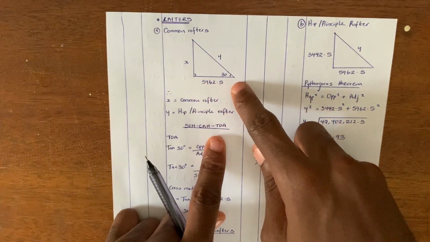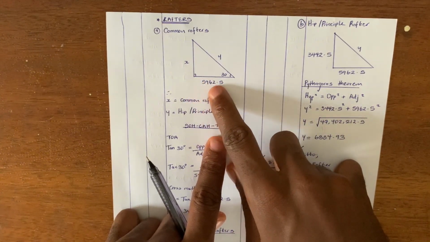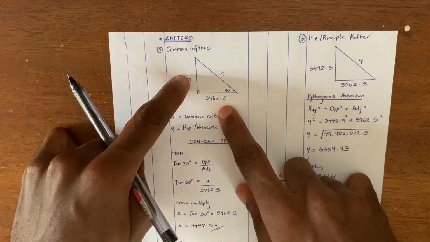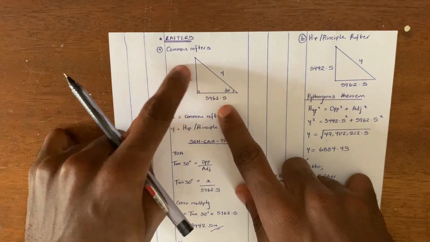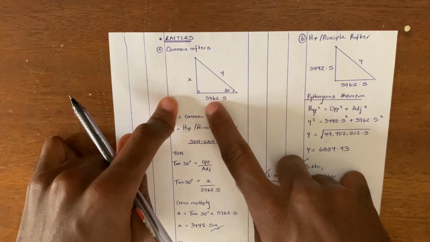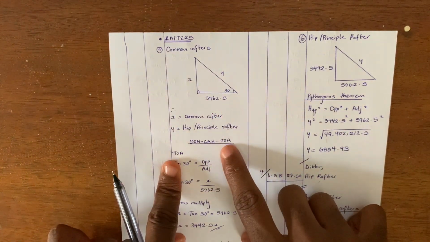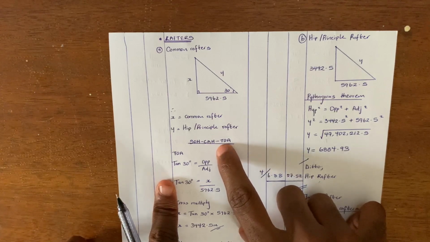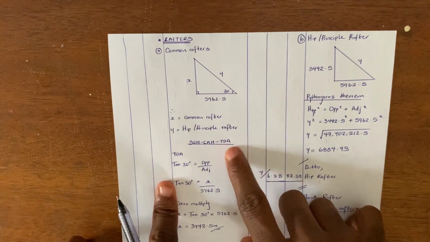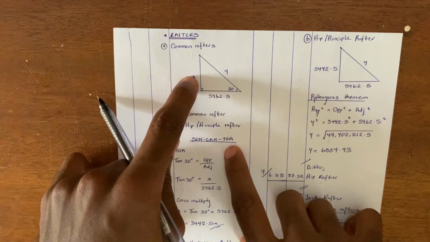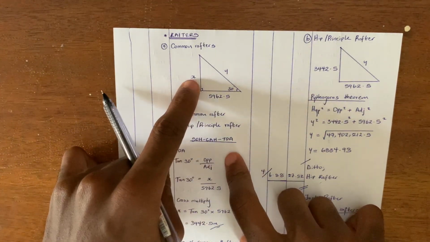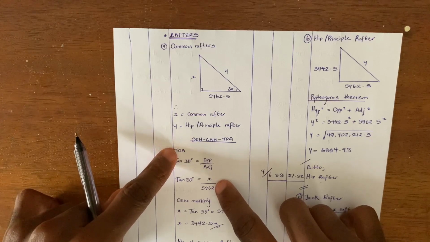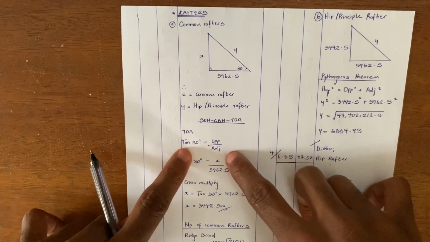The adjacent part of the triangle is 5,962.5. We are looking for X. Since we don't know our opposite, but we have our adjacent, we are going to be using tan. Tangent is equal to opposite over adjacent. We don't know our opposite, but we know our adjacent. That is why I use tan.